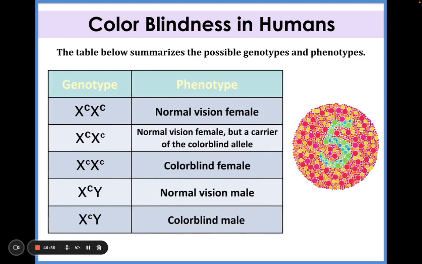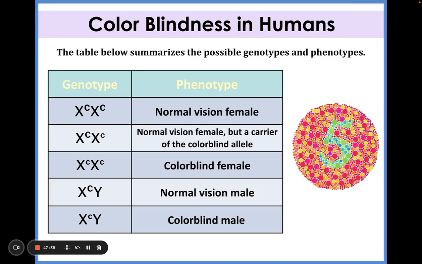So I want you to look at this chart really quick. And it looks a little complicated, but it's really not. So if we look at this, we can see XX. We know, boom, female. Two uppercase C's, which means this is a normal vision female, okay? This genotype still has a phenotype of a normal vision female, but she is a carrier for color blindness, which means that all of her sons will be colorblind, right?